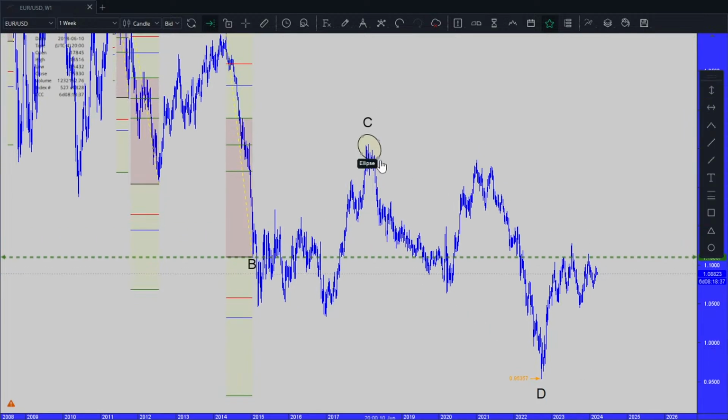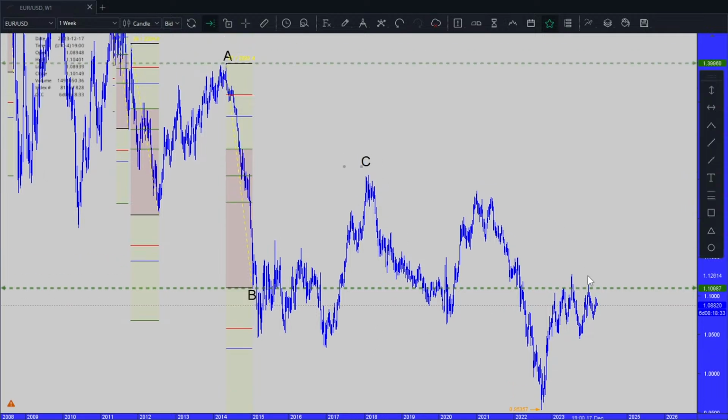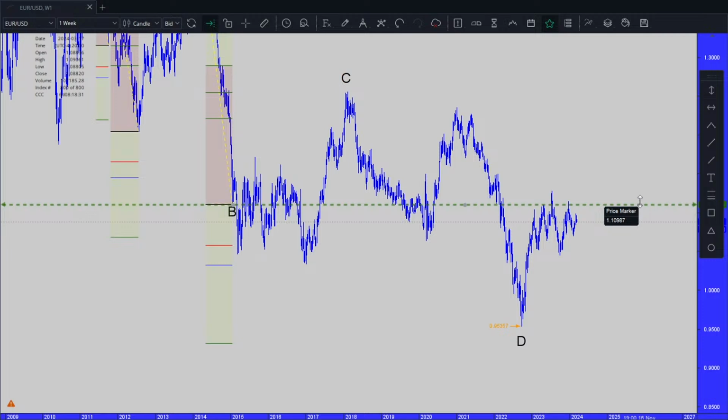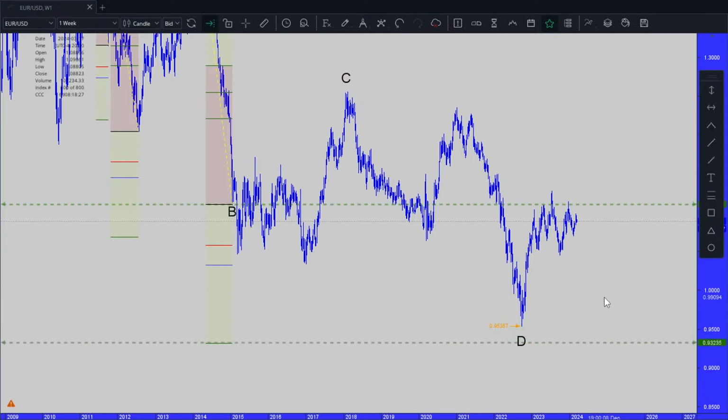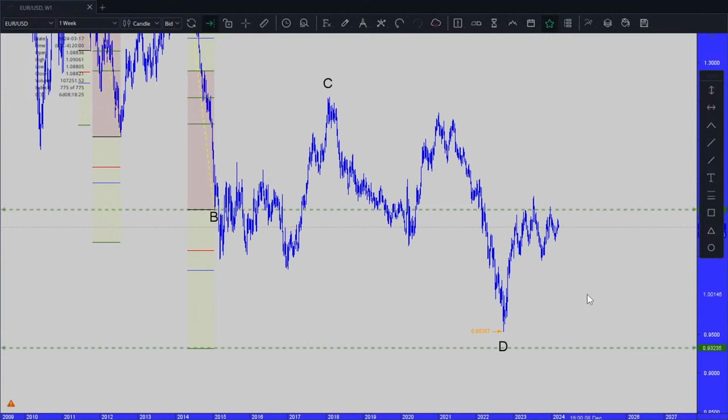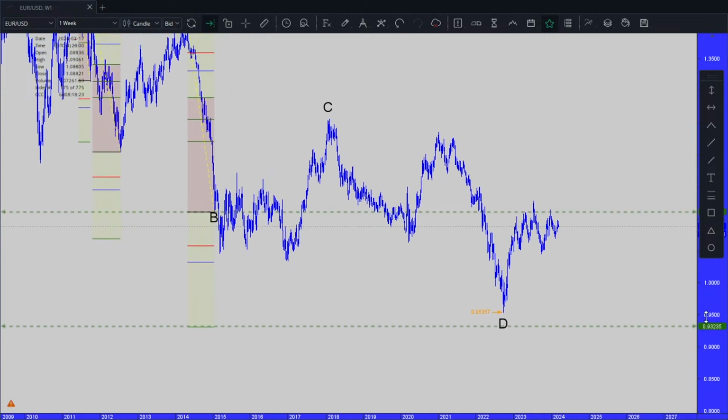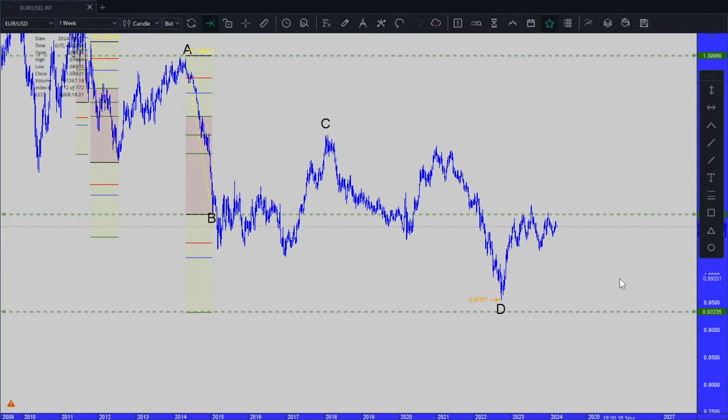So the correct answer is number 2. And we have a projected D extension down in here. Alright, so it's A, B, C, D, and this is the last sequence from the Euro Dollar weekly chart.